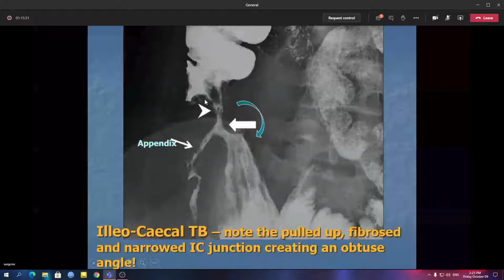Cecum is pulled up and the ileocecal junction is fibrosed and narrowed, and the angle between cecum and ileum has become a wide one. So distorted appendix, pulled up cecum, widening of the angle between the ileum and cecum is known as ileocecal tuberculosis.